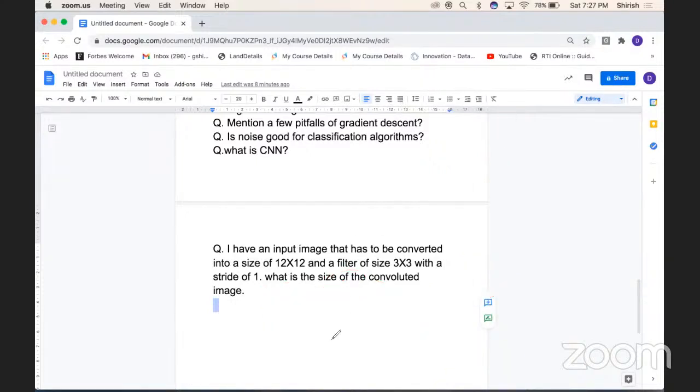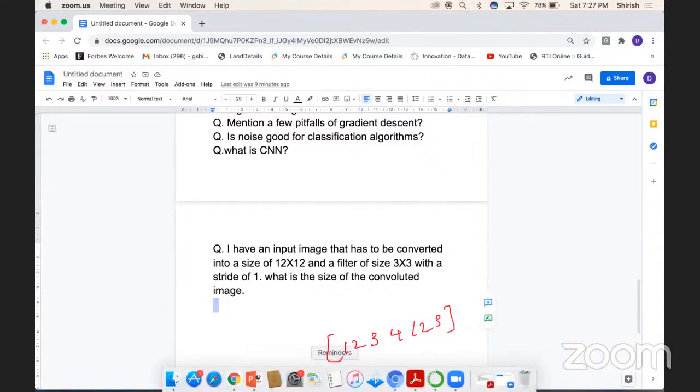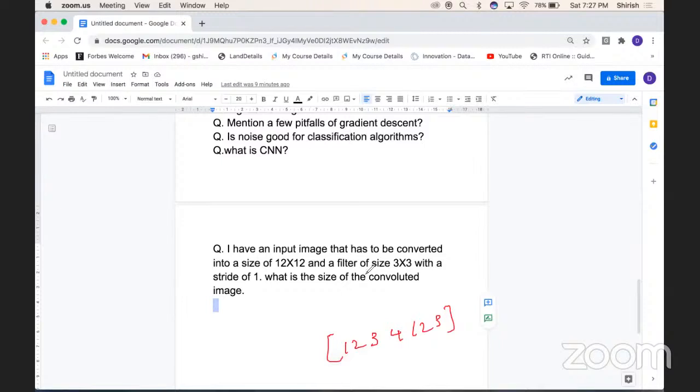Suppose you have 1, 2, 3, 4, 1, 2, 3. This is the input, right? So if you're applying softmax on this, you get probabilities, right? Now let me write a few probability values, some randoms.